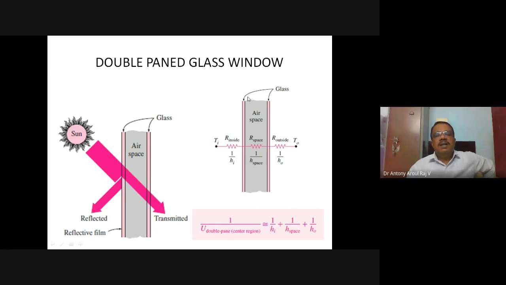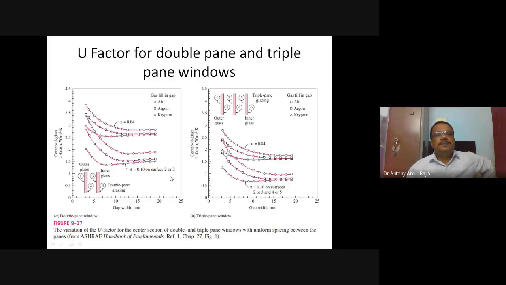This is double paned glass, and if you remove the sun-control film, you can use it in winter locations also, where you can even remove the reflective film. At night time it will work as a perfect insulator. And if it is a double paned glass, we can do one more thing. In a double paned glass with two glasses, on the inside surface I will fix low emissivity films.